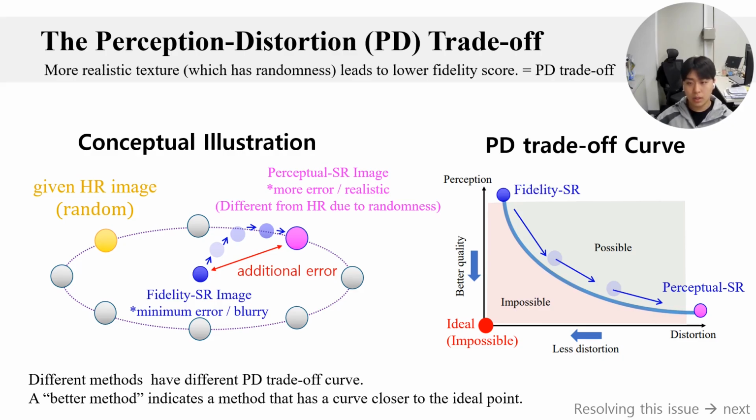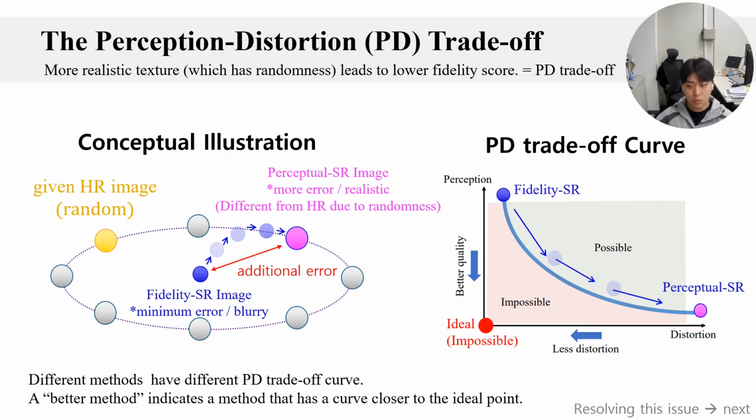And now let's look at the perception-distortion trade-off curve on the right side. This curve shows the fundamental relationship between perception, which indicates realism, and distortion, which indicates per-pixel error in super-resolution models. We have a blue curve here, which indicates the upper bound of an ideal super-resolution model.